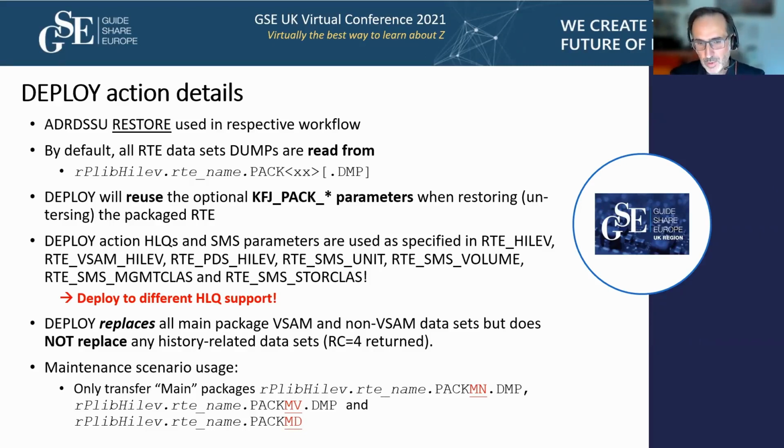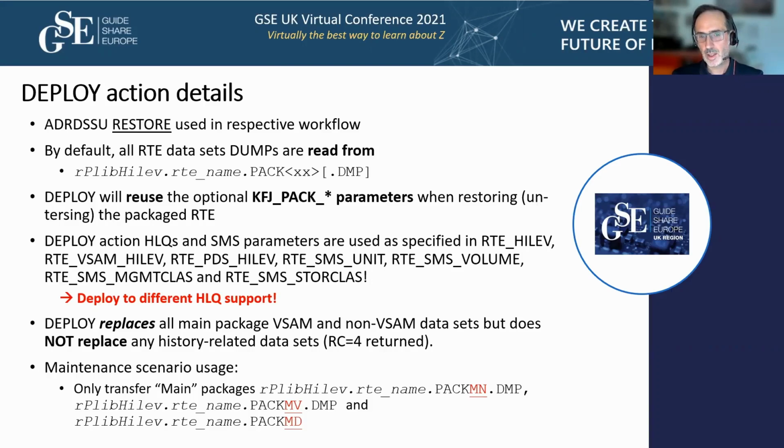What deploy does for the main packages, it does a replace for those packages. So they are considered read-only. So it does replace those data sets. For the history-related data sets, they are not replaced because we might override data that you have collected on the target system, obviously. So you do not necessarily have to transfer the history data sets because you have them already allocated.